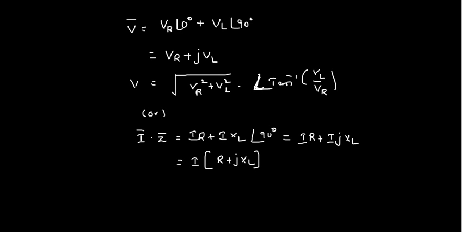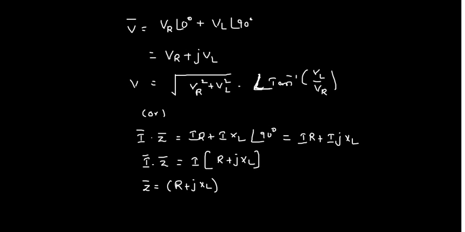Now Z bar, R plus JXL, I can write as Z. Why? Because if you compare the real and imaginary parts on the right hand side and left hand side of I bar into Z bar, I'll get Z bar equal to R plus J into XL.